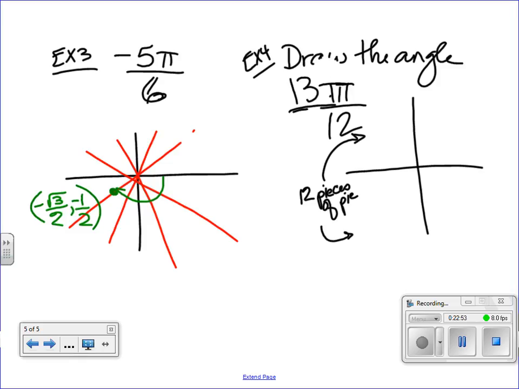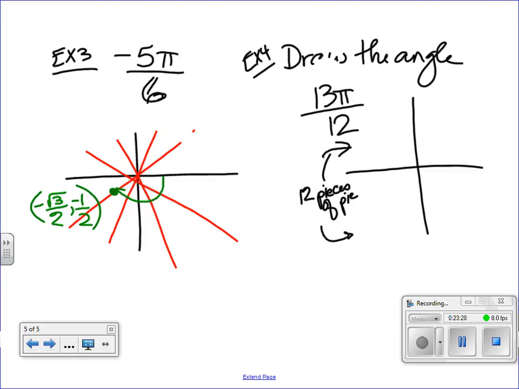I never do this. Guys, if we're dealing in 12ths, then if I go this way, what's this number going to be in radians? If it's in terms of 12ths, pi is going to be 12 pi over 12, won't it? Where will 13 pi over 12 land? In which quadrant? In the third quadrant. Guys, I don't care about these being exact as long as you do this.